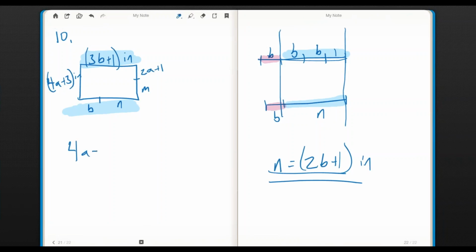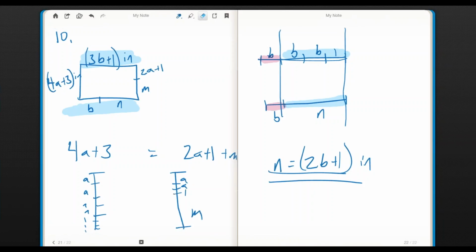Same thing on the other one. I have 4a plus 3 is the same thing as 2a plus 1 plus m. So let's find that. There's a, 2, 3, 4 a's, and 3 1s. And that's the same thing as 2 a's, a 1, and the rest of it is m.